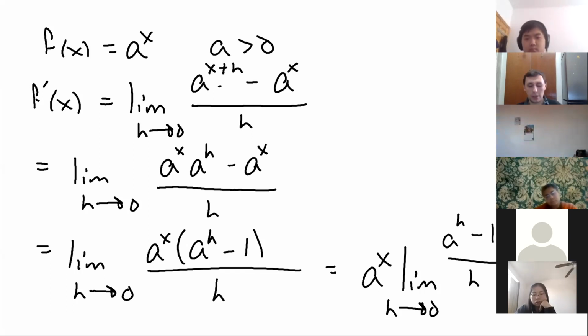If it were 0, then the derivative of a to the x is 0. That's impossible. What is that limit? Not symbolically. What is it about? You understand what I'm asking, guys?